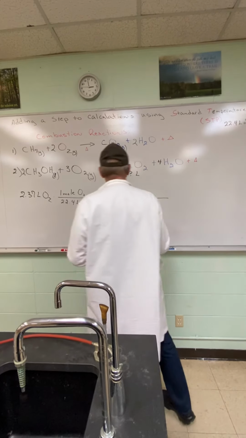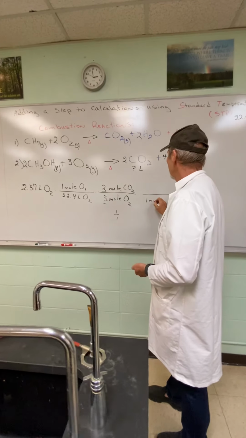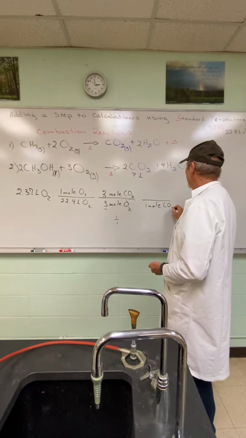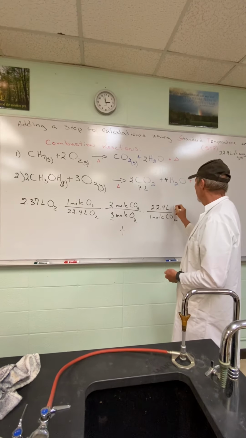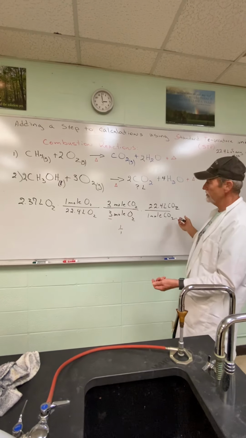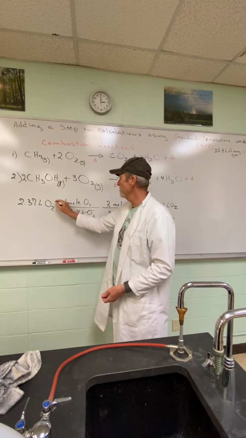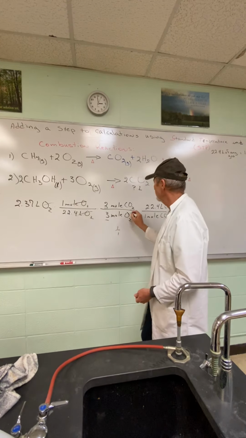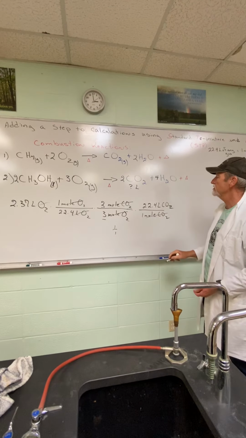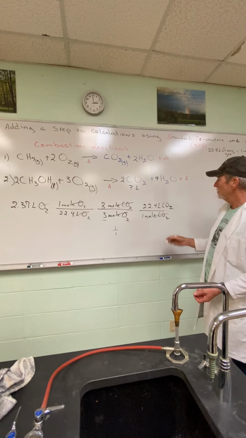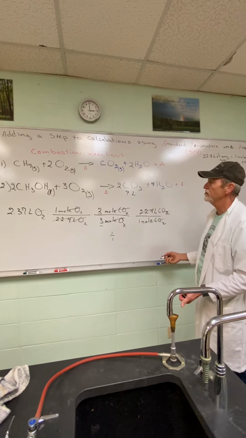We're going to be comparing to liters, so we're going to be doing 1 mole of CO2, and again, 22.4 liters of CO2. The interesting thing about this is, as you can see, liters cancels liters, moles of oxygen cancels moles of oxygen, moles of carbon dioxide cancels moles of carbon dioxide, and 22.4 cancels 22.4. We're simplifying the question.